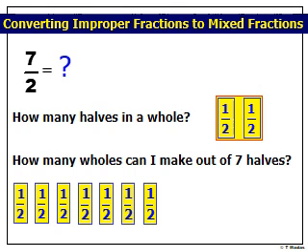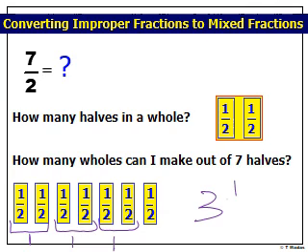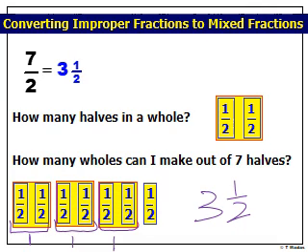How many wholes can I make out of 7 halves? 1, 2, 3, 4, 5, 6, 7. This is 7 halves. Every 2 halves make 1. 1, 2, 3. So I have 3 wholes, but I still have 1 over 2 standing by itself. So it's 3 and 1 over 2.